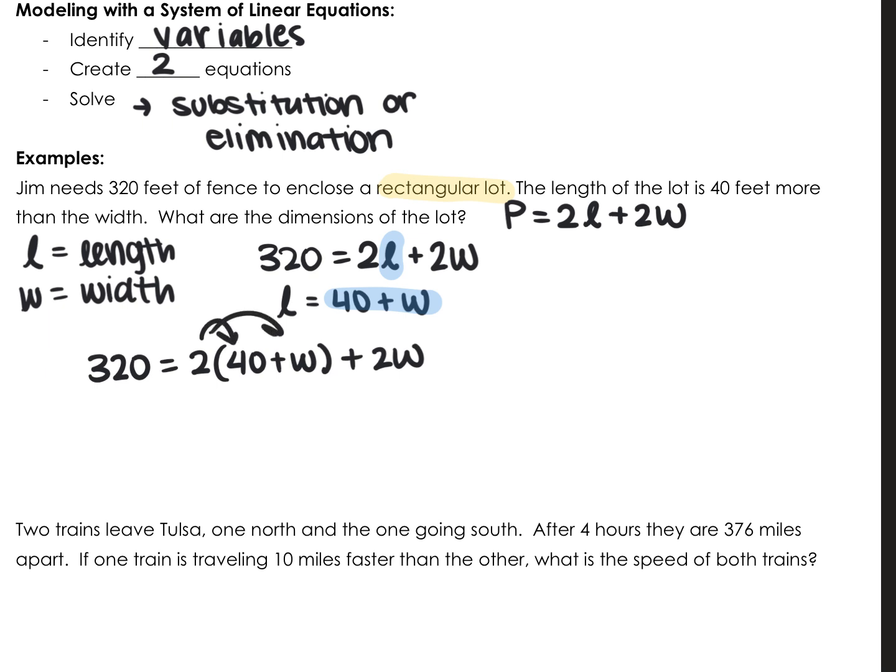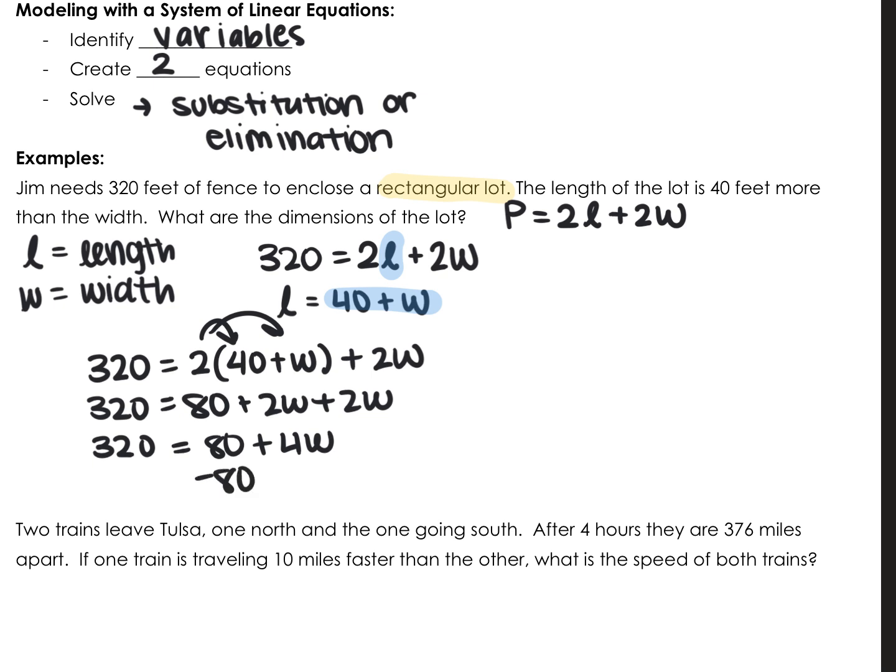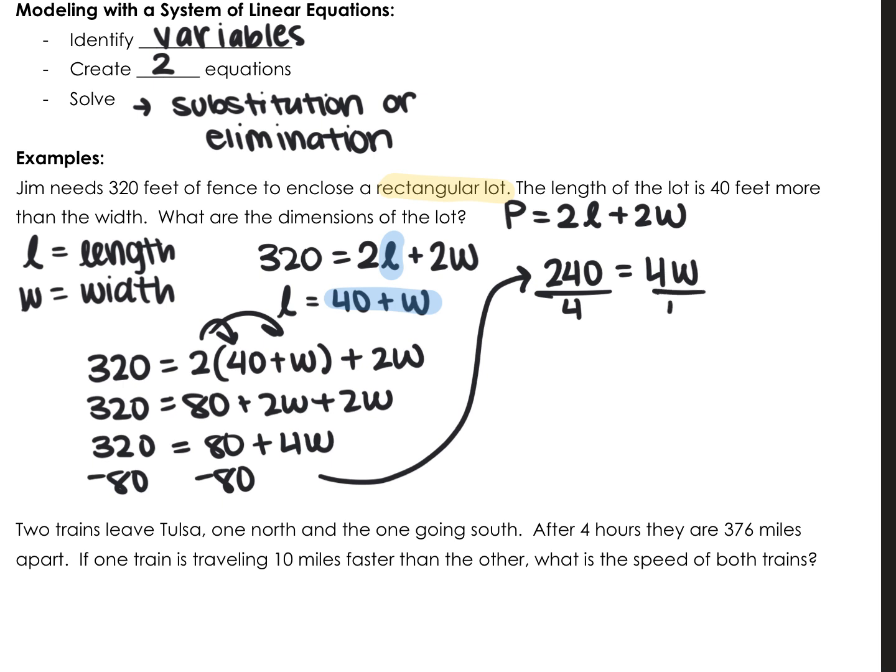Distribute the 2, you get 320 equals 80 plus 2W plus 2W. 320 equals 80 plus 4W. Subtract 80. So you get 240 equals 4W. Divide by 4, and my width is going to be 60 feet.